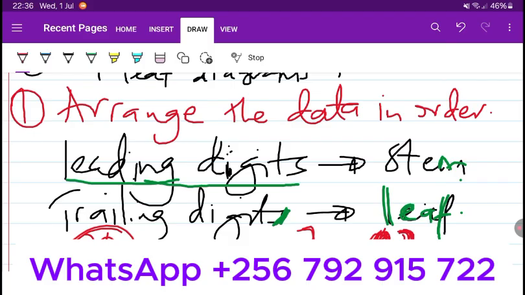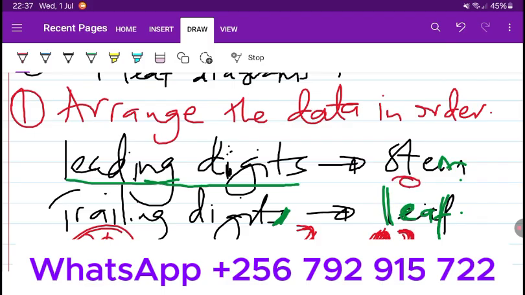Now, because these are only two digits, one of them is a stem and the other is a leaf. The first digit is the one leading, the starting point. If you just have a 2, we don't have any digit before it, so the leading digit is actually a 0.